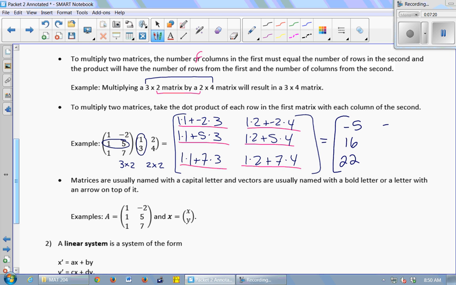Negative 8 plus 2 is negative 6. 22, 30. If I did all that arithmetic right. Negative 6, negative 2 times 4 is negative 8, plus 2 is negative 6.